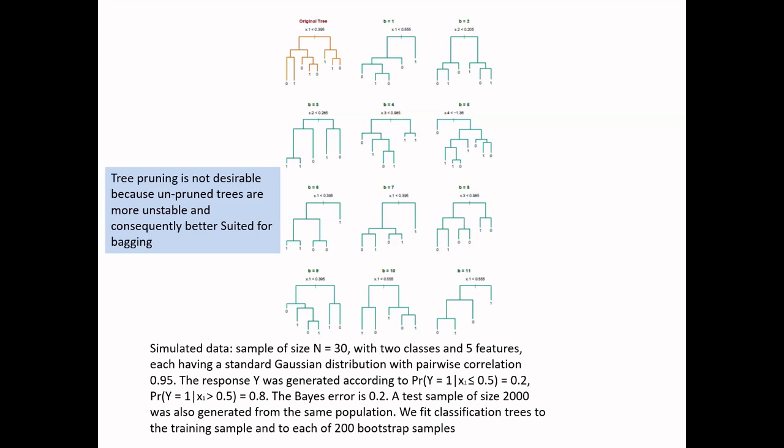In this case we don't need pruning, because without pruning the trees are more unstable. As you prune, you are making the tree a little more stable. What you want is unstable, really weak learners. So you don't do that.